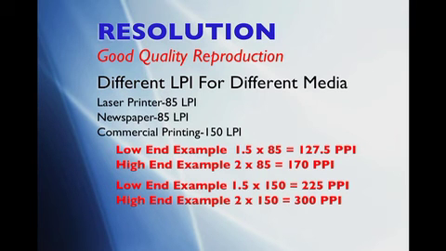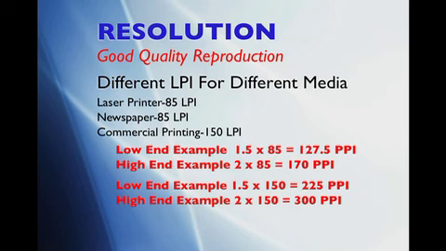So, now, here is some basic information and some examples of the formula. You can pretty much take it to the bank that most laser printers, and we're not talking about the smaller, cheaper inkjet printers that a lot of us have at home, but a laser printer that might be at the office and some of you might have at home, is generally going to have these days a minimum of an 85 LPI.